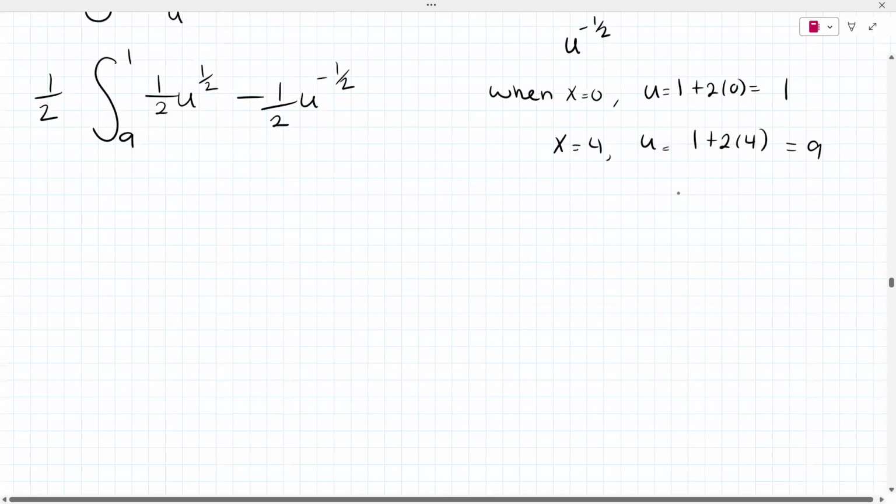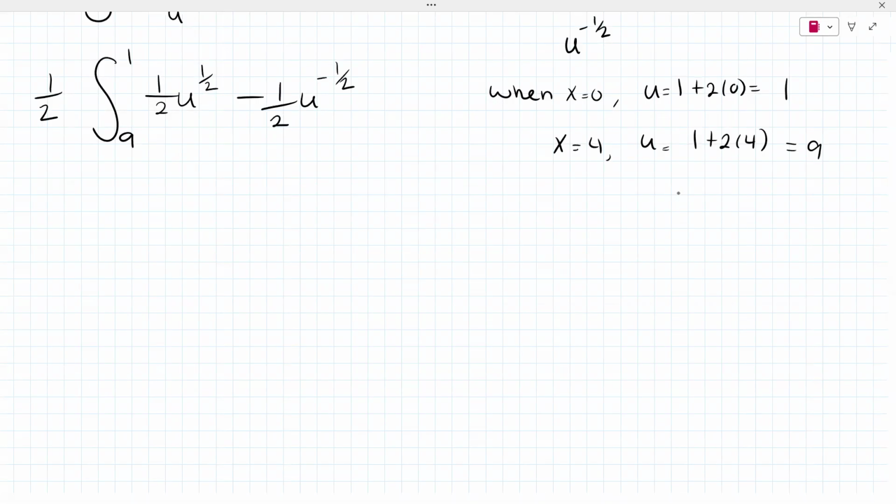When you put it all together, you should get 1/3 u to the 3/2 minus u to the 1/2.